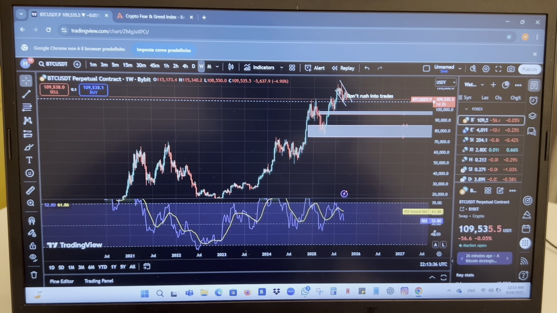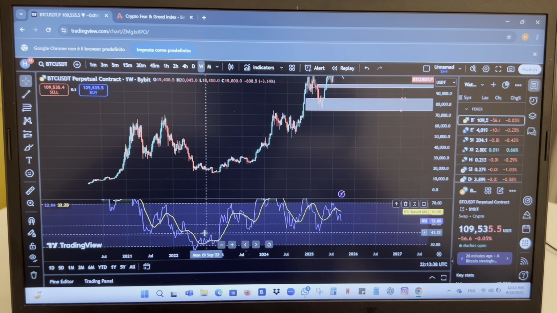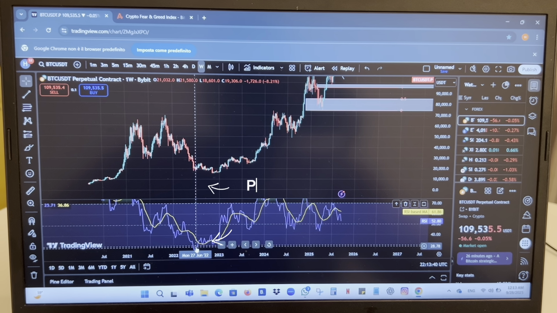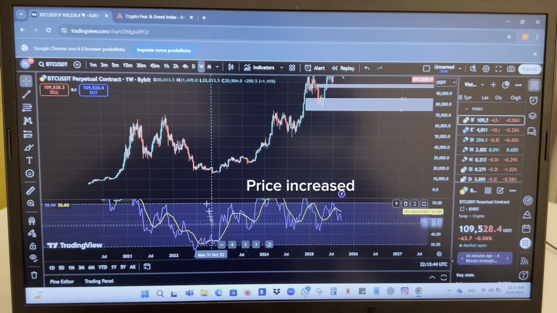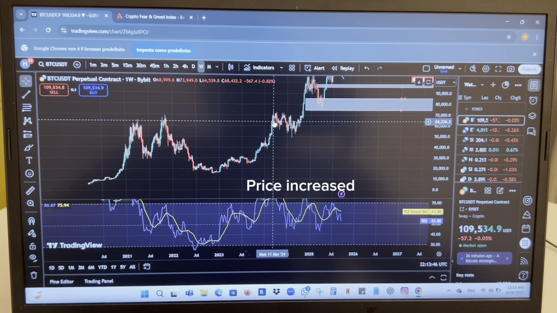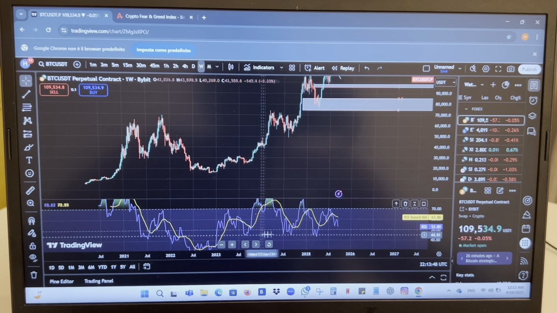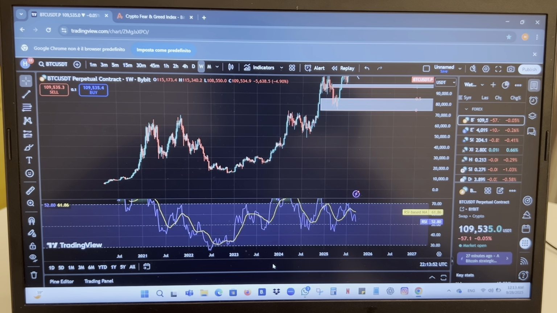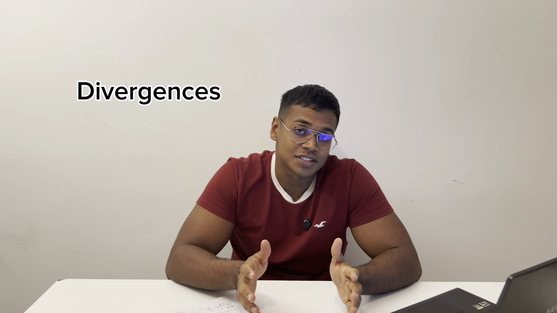There you go. Right here, the coin has been oversold, and then eventually the coin went up. So those two are the actual examples in a live chart. Now RSI also has a hidden gem in it, divergences. We'll get into it in a bit.